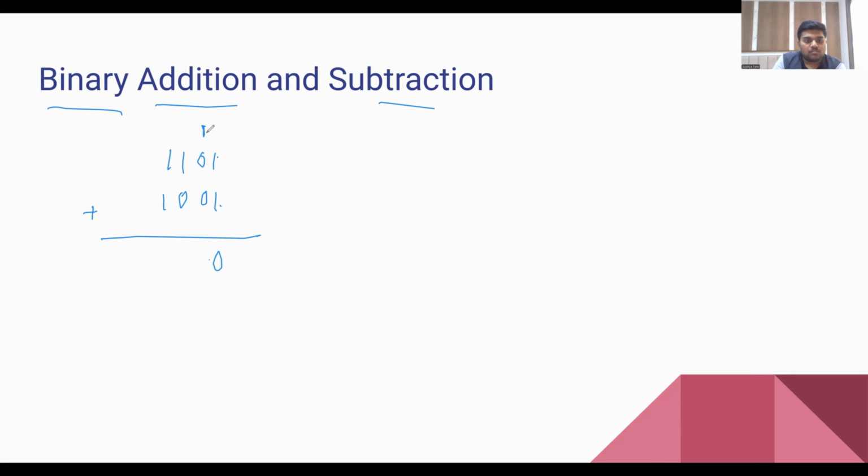So 0 plus 1 sum is 1, 1 plus 0 is 1, and 1 plus 1 is 10. So this number is 10110 and its representation in decimal form will be equal to 2 plus 4 is 6, plus 16, 22 in base 10. This is how you do the addition.